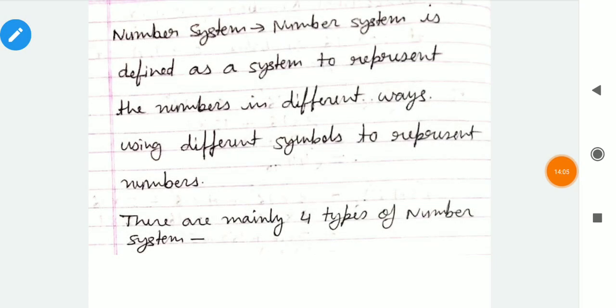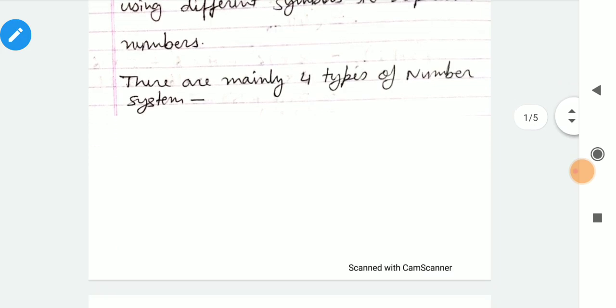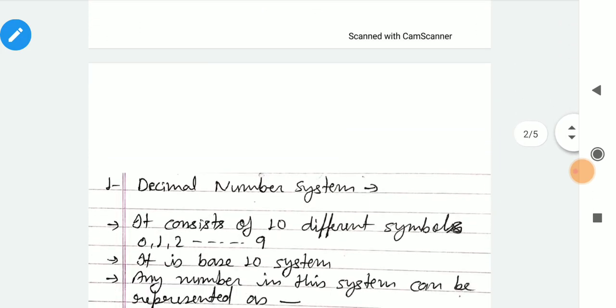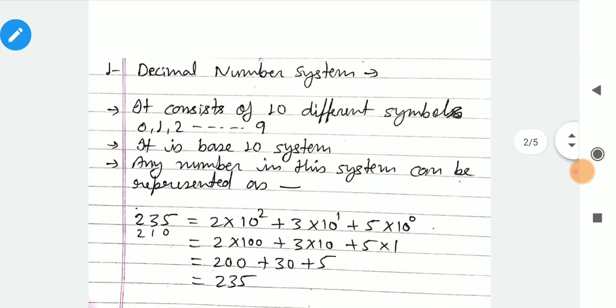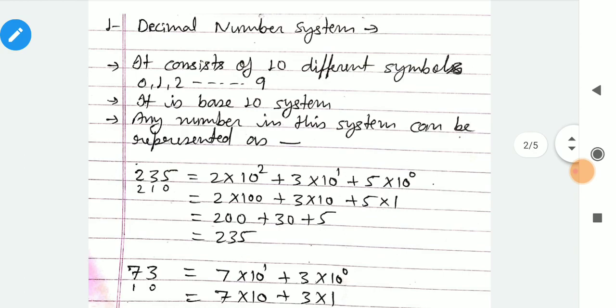So children, in this lesson I have told you about the number system, what is number system, how many types of number system there are, and in different types of number system I have told you how to convert one number system to another.